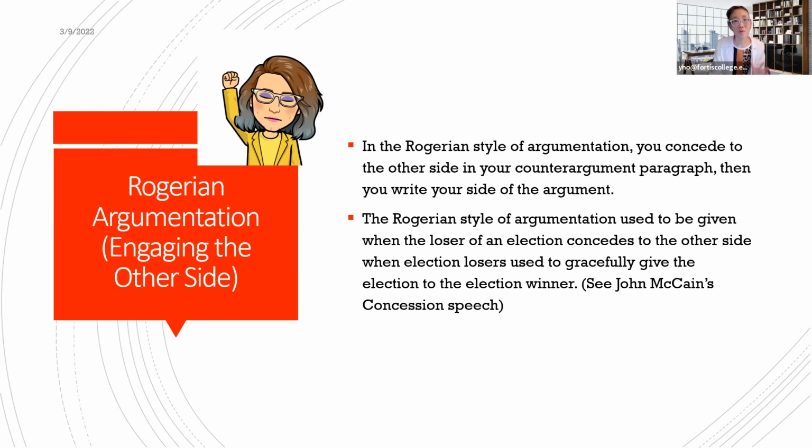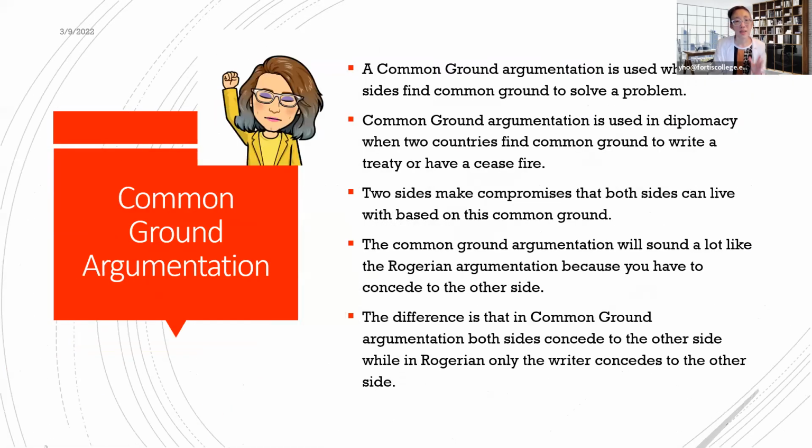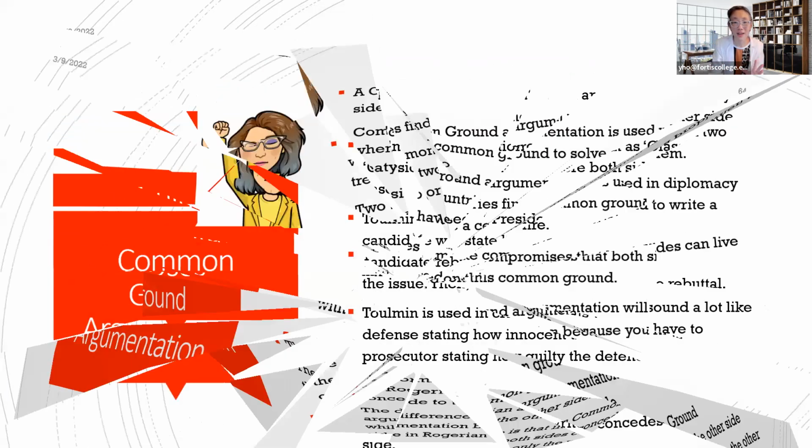And another name for Rogerian is common ground argumentation, in which you find what two sides have in common, and you try to make an agreement based on what they have in common. In other words, a compromise. Okay, so both Rogerian and common ground overlap a lot.